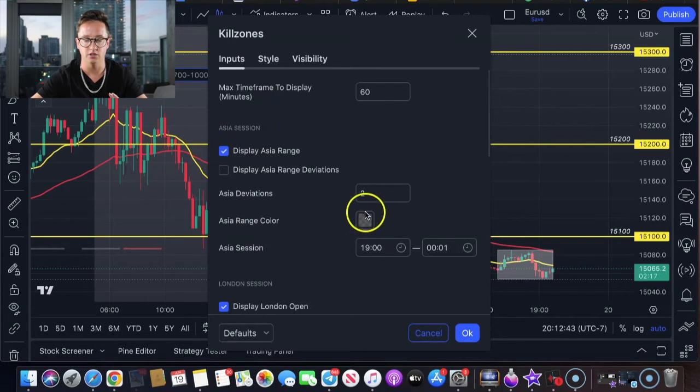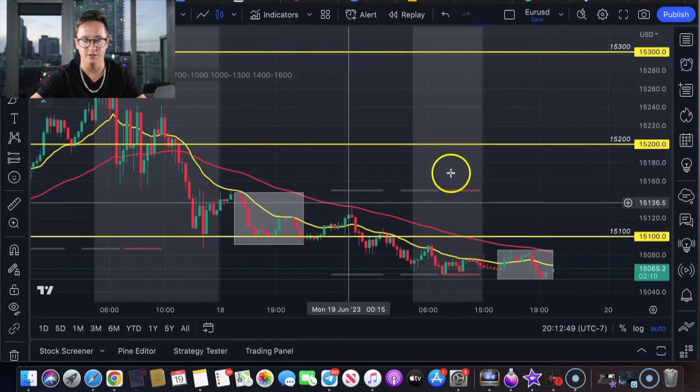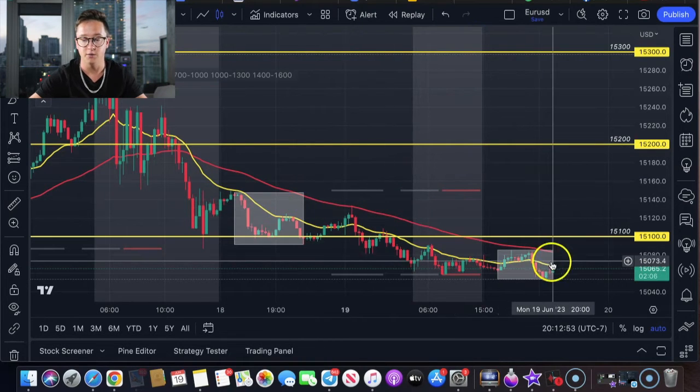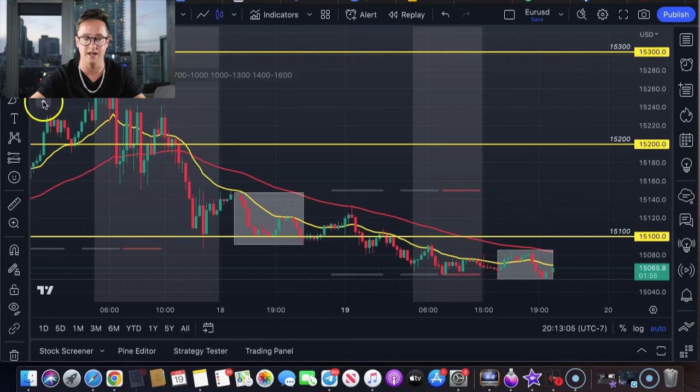The Asia range colors, all you need to worry about, I have it in white with the opacity at 30%, just so I can see it a little bit differently than the New York session. So this box right here that we actually see forming right here is the Asia session. We are going to get a ton of feedback from that session and the London and the beginning of the New York to give us our feedback whether we're going to take a buy or a sell position.